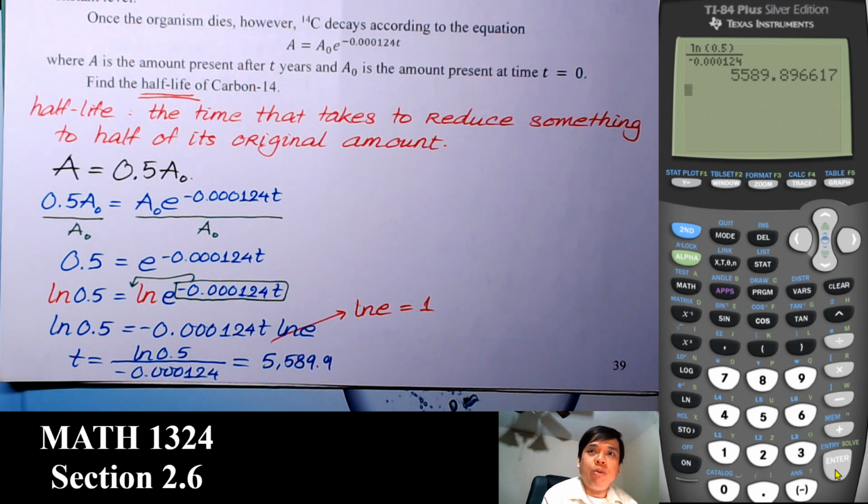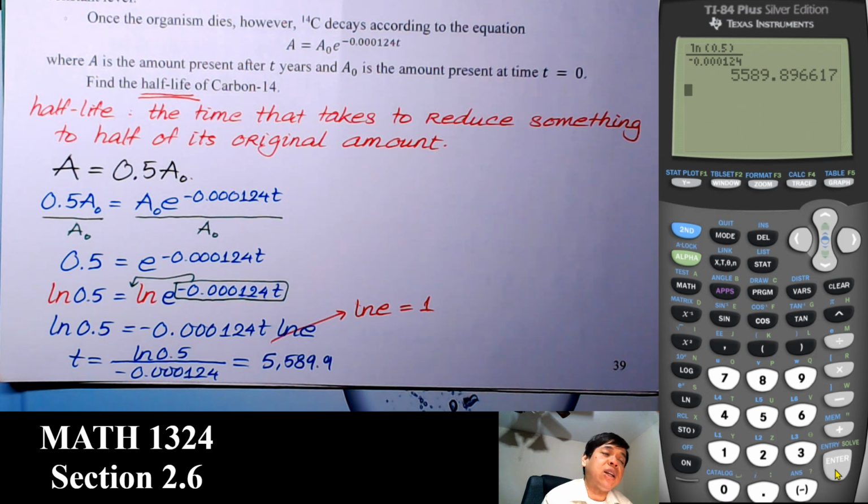So if we find an object, let's say a piece of bone, and we calculate that the carbon-14 on that bone is only half of its original amount. How do we know it is half of its original amount? We don't really know what its original amount was, but for an object that is alive, we can calculate how much carbon-14 is in that object, so we can use that as a reference.